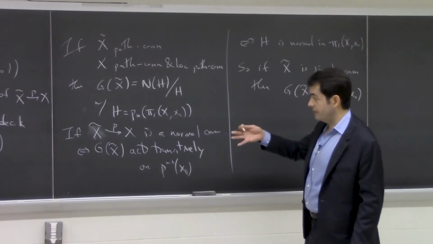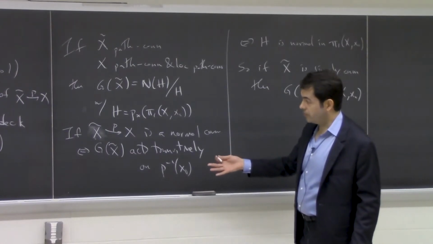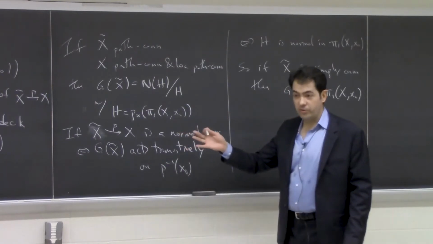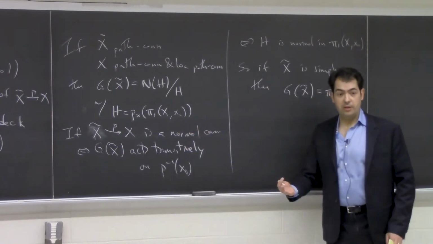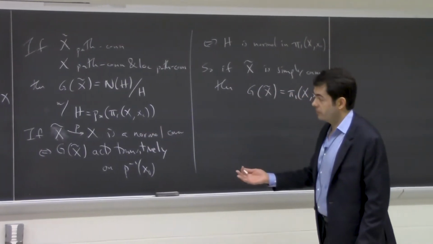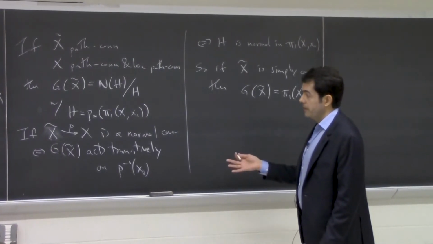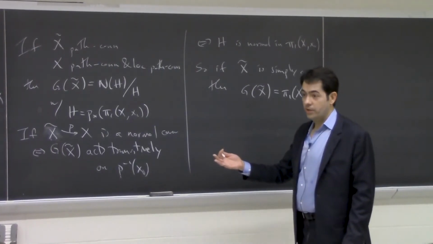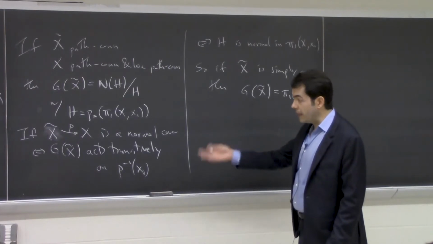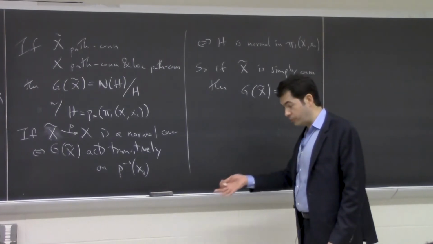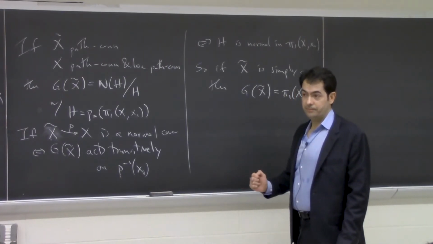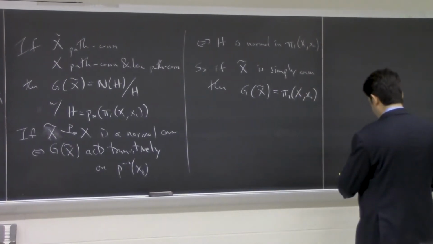So you can think that the downstairs is exactly what you get by looking at the things upstairs that are connected by deck transformations. Right? So you could turn this around, and instead of starting with a covering and then looking at the deck transformations, you could start with a space and a group acting on it and see if you can then construct a covering from that. Okay?